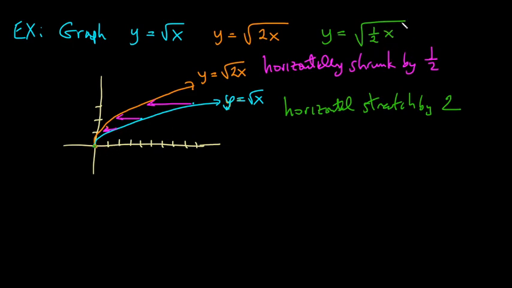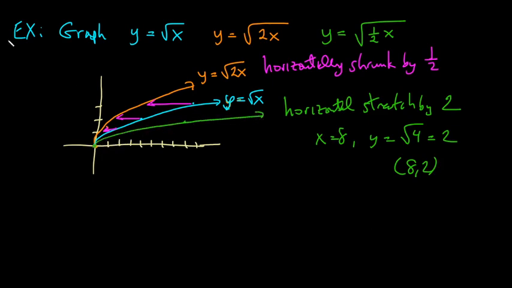But if x is going to be equal to 8, then y is going to be the square root of 1/2 of 8. Square root of 4 is 2. So we have the point 8, 2. 1, 2, 3, 4, 5, 6, 7, 8, and then up 2. So that's going to be way over here. And so you can see that this is going to be horizontally stretched by a factor of 2.